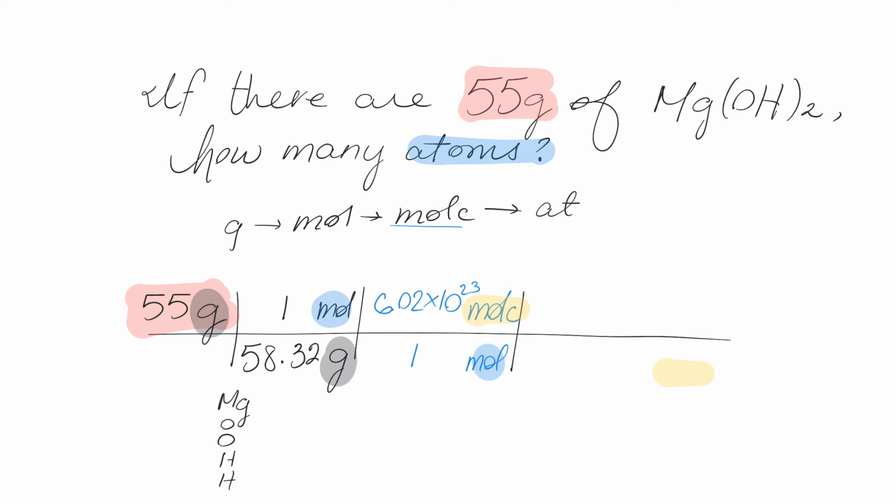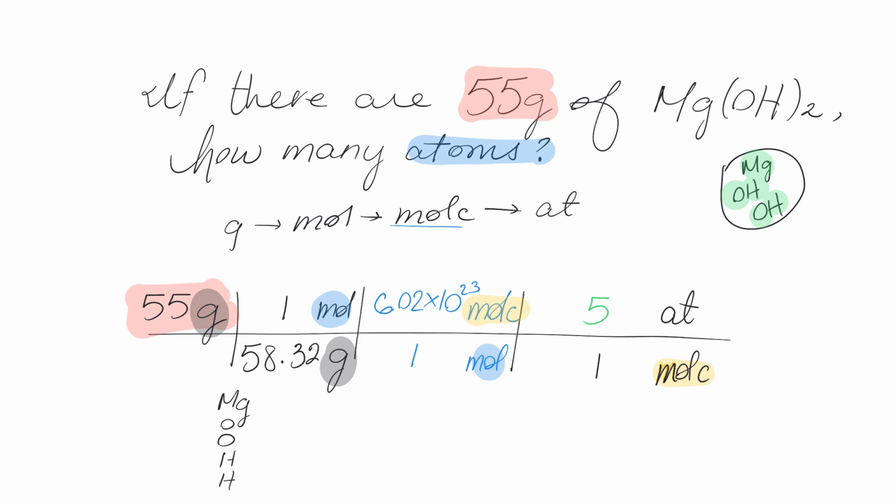So molecules goes on the bottom. Molecules converts to atoms. Well, 1 molecule has how many atoms? In this particular compound, every molecule has an Mg, an OH, and an OH. It's got 2 OHs. So that is, count with me here, 1, 2, 3, 4, 5 atoms.